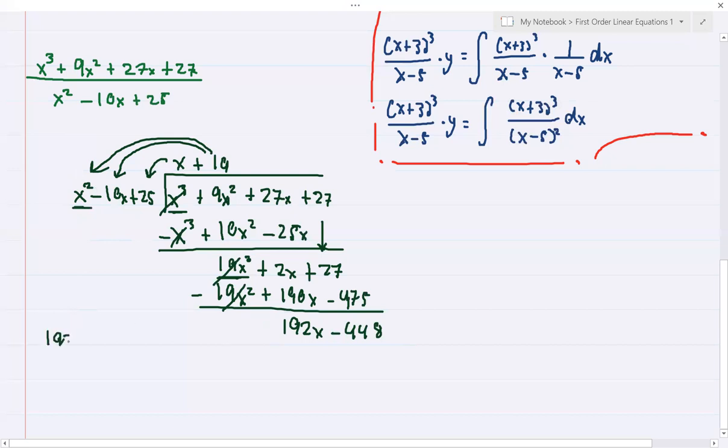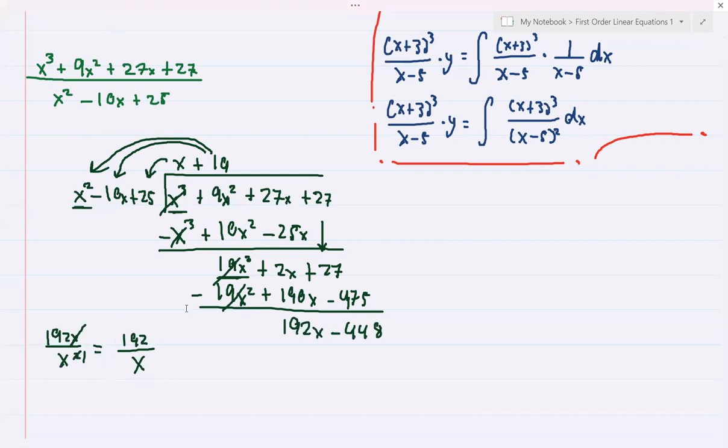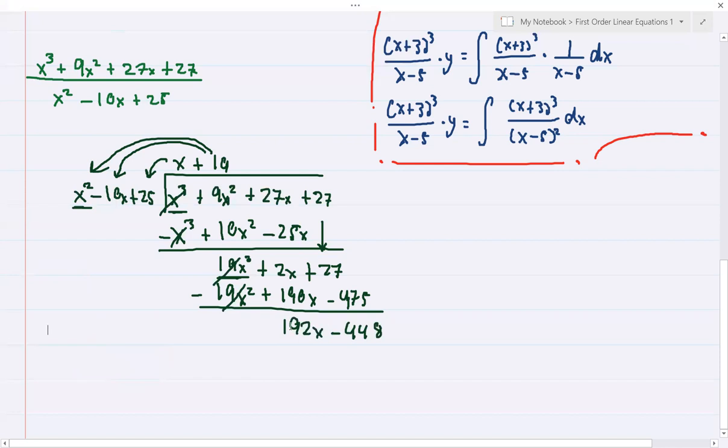Divide 192x by x squared. Since we have x and x squared below, we will be canceling x on the top, and the exponent will be reduced by 1. So we will have 192 all over x. So this is obviously not factorable, so we're going to stop right here.